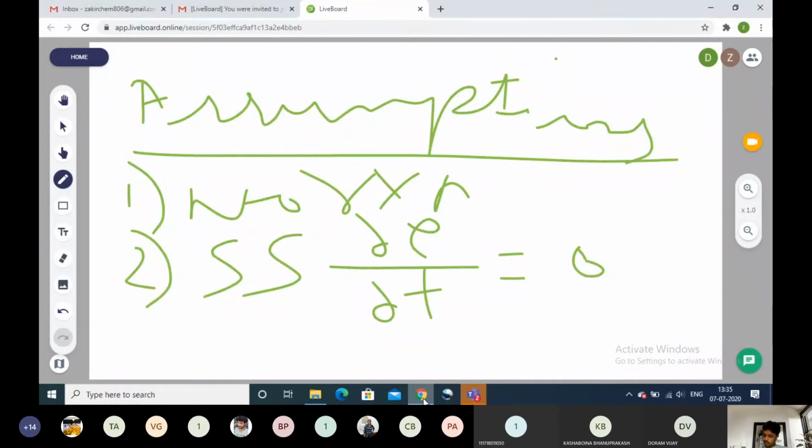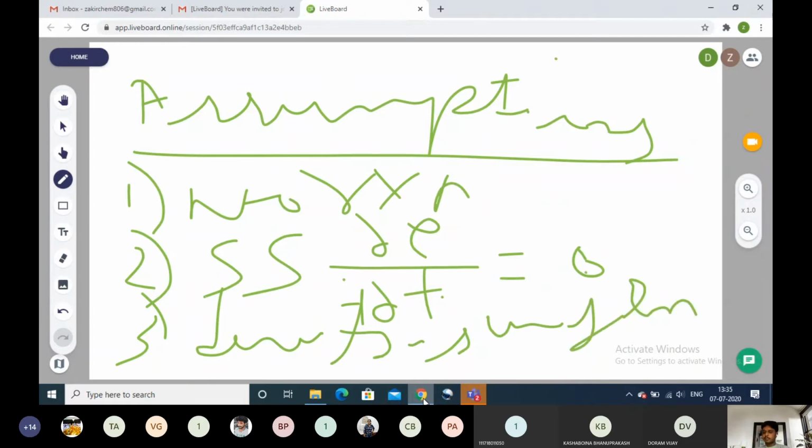And the last assumption is to consider the total density constant and the solution density uniform. Uniform means independent of spatial coordinates.